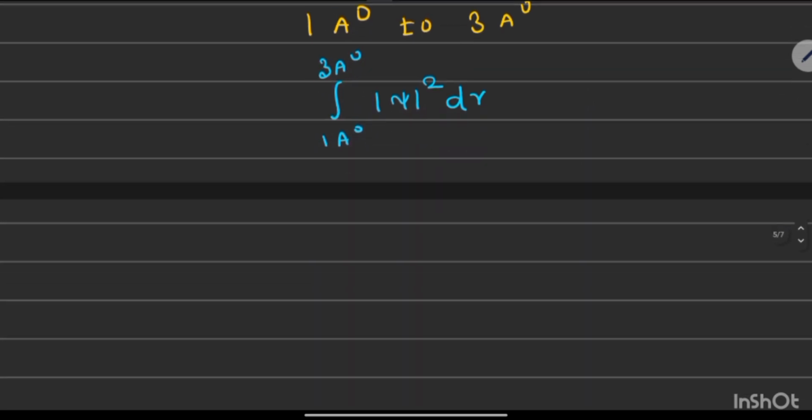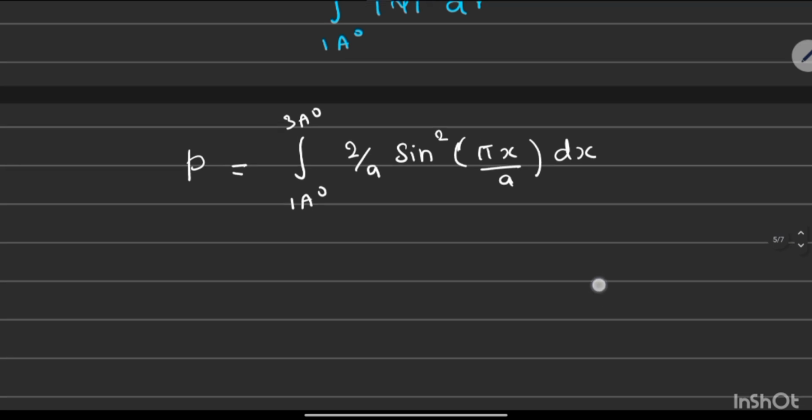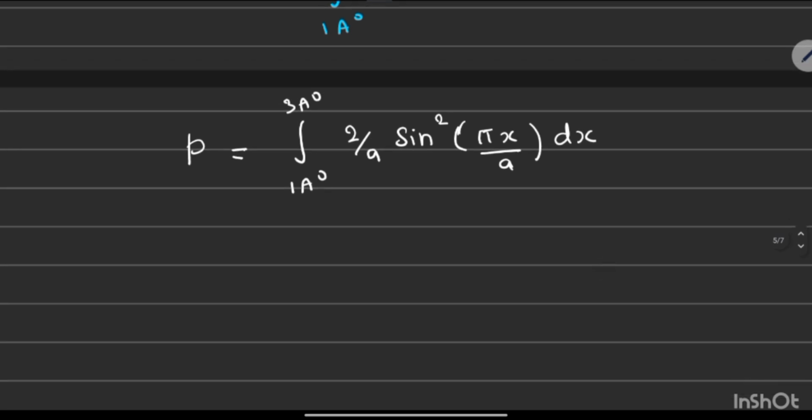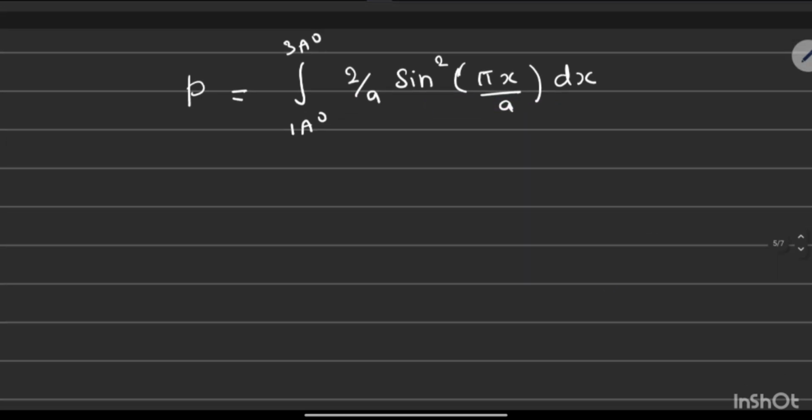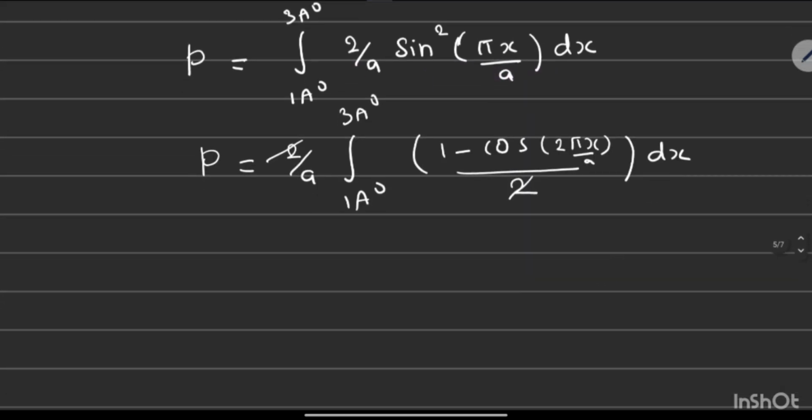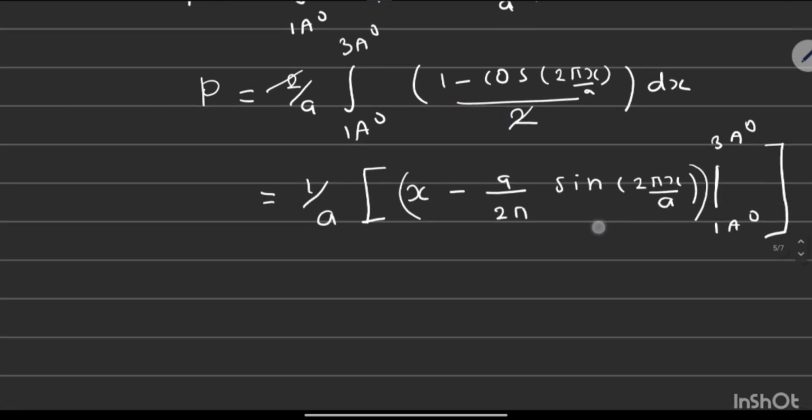Doing the integration, the square root will go when we take mod square. It is 2 by a and sine squared of n pi x by a. We know sine squared x is 1 minus cos 2x by 2. Invoking that formula and taking out the constant will give you this term.